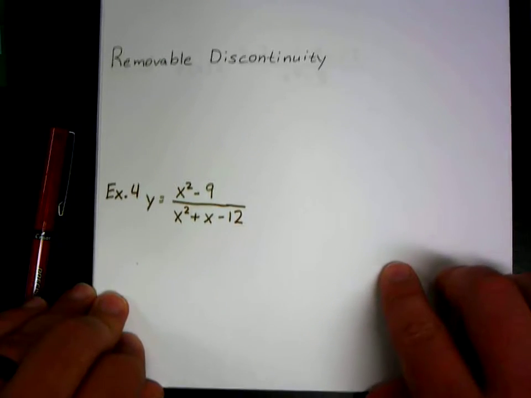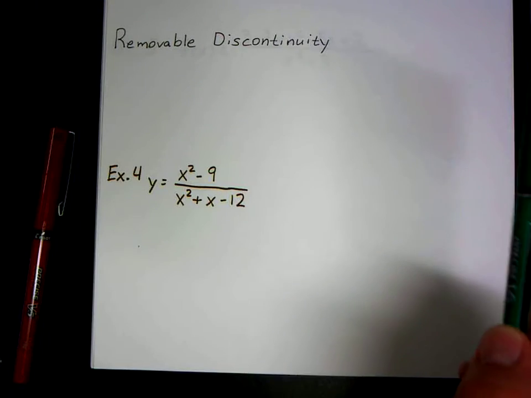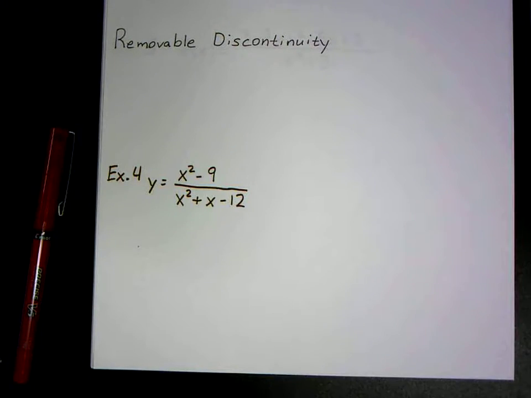Whenever we were talking about polynomials, we were talking about how polynomials were continuous. Well, these are not continuous. These have discontinuities. So an asymptote is one kind of discontinuity. A removable discontinuity is another type.